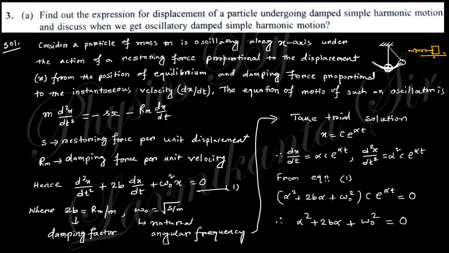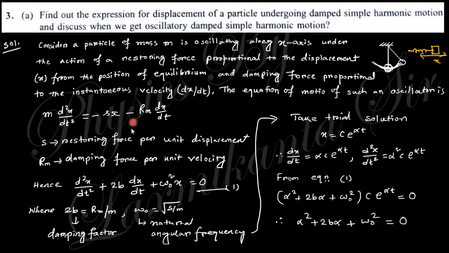So this moves along the same direction, the x direction. For that type of motion, that is displacement from the equilibrium position, the damping force is proportional to the instantaneous velocity, that is dx/dt. The equation of motion of such an oscillation is m d2x/dt square equals minus sx minus rm dx/dt, where s is the restoring force per unit displacement and r is the damping force per unit velocity.